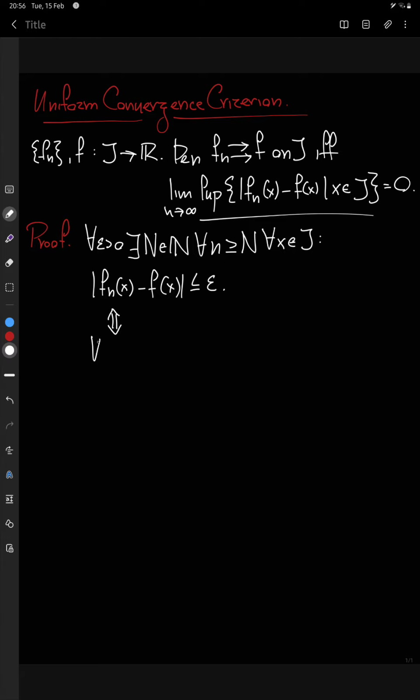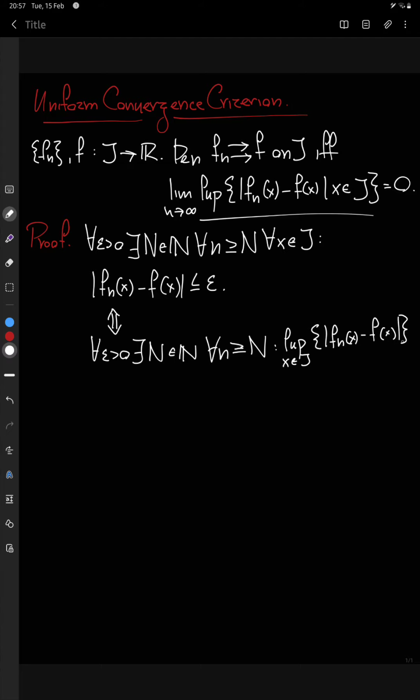This is the same as saying that for all epsilon greater than 0, there exists some capital N natural, for all n greater or equal to capital N, and now, instead of putting there for all x in J, we can say that the supremum over all x in J of the difference f_n(x) and f(x) is smaller or equal to epsilon.